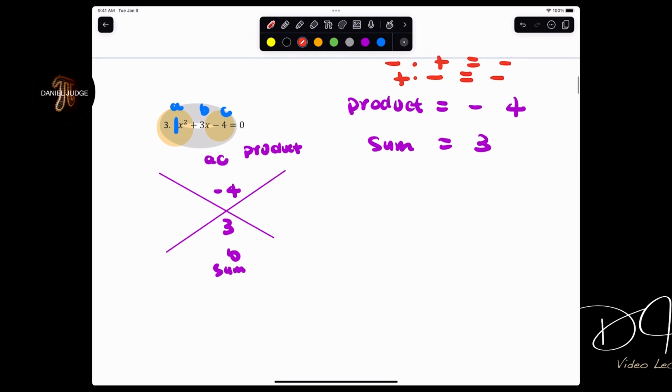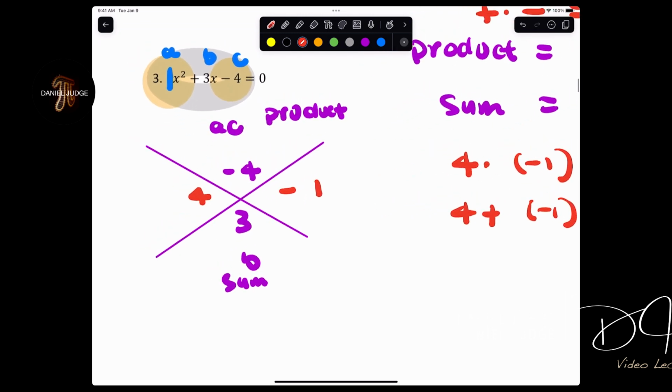Okay, so if we think about this, it looks like positive 4 times negative 1 gives us the product of negative 4, but 4 plus negative 1 will give us the sum of positive 3. So the numbers are positive 4 and negative 1 in the crisscross method of factoring.